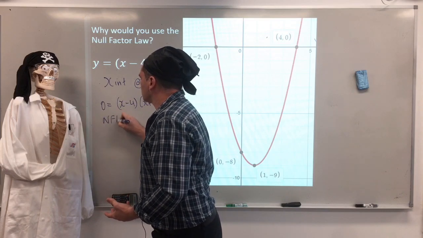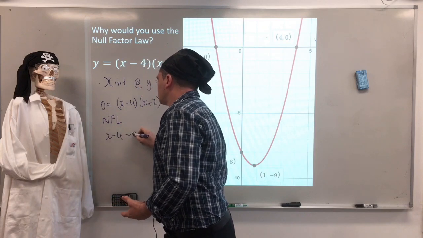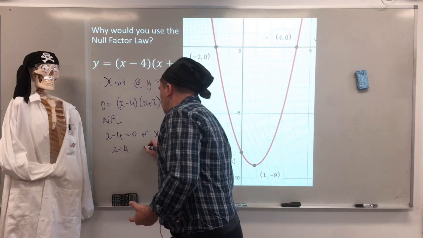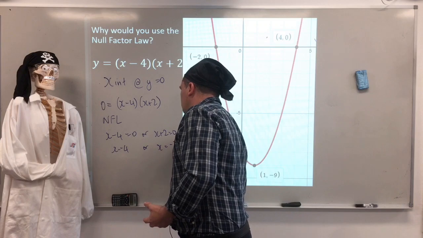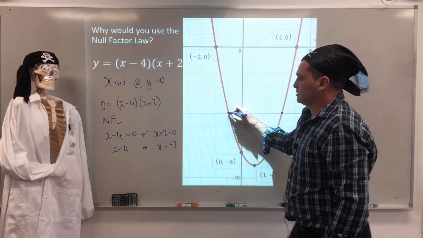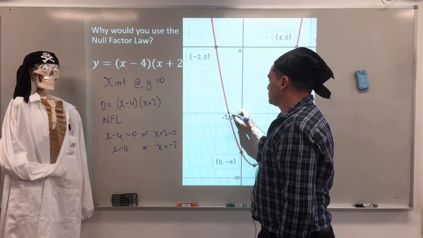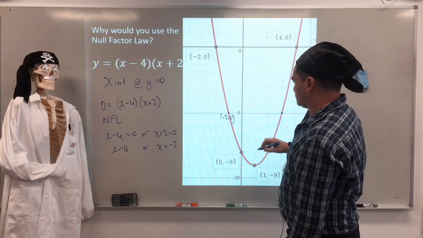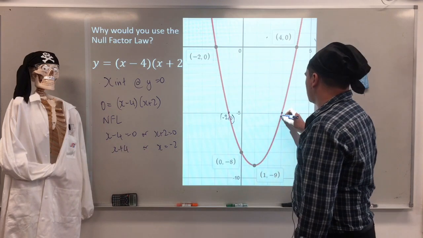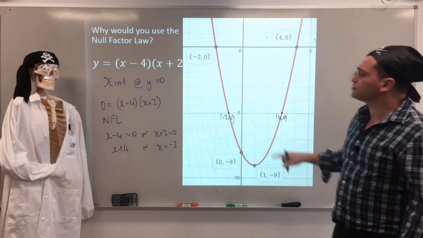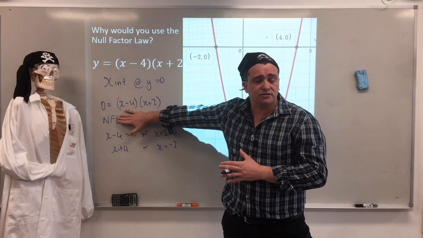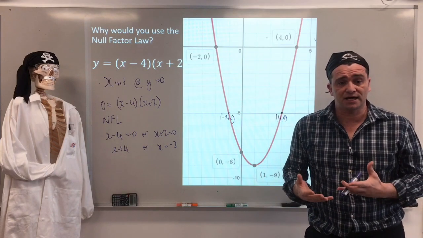So null factor law, x minus 4 equals 0, or x plus 2 equals 0. I can solve out and see where my x-intercepts are: negative 2, 0, and 4, 0. So by using my null factor law, I can quite easily, from a factorized equation, determine where those x-intercepts are.